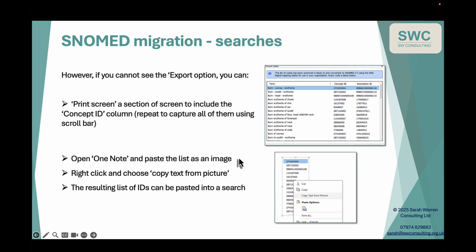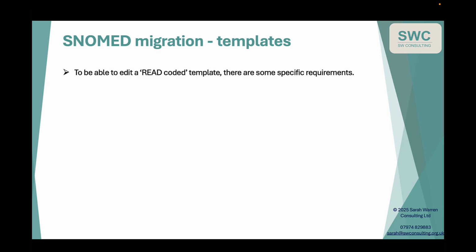And I say OneNote because it allows you to then right-click it and copy text from picture, as you can see in that screenshot. That then gives you a list of numbers that you can copy and paste directly into your search in EMIS, and that just saves any mistyping, and it means that you get exactly the right concept IDs in your search.